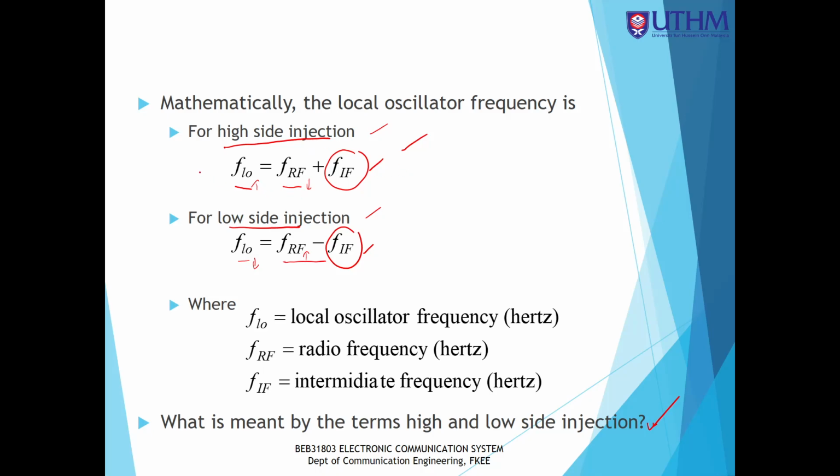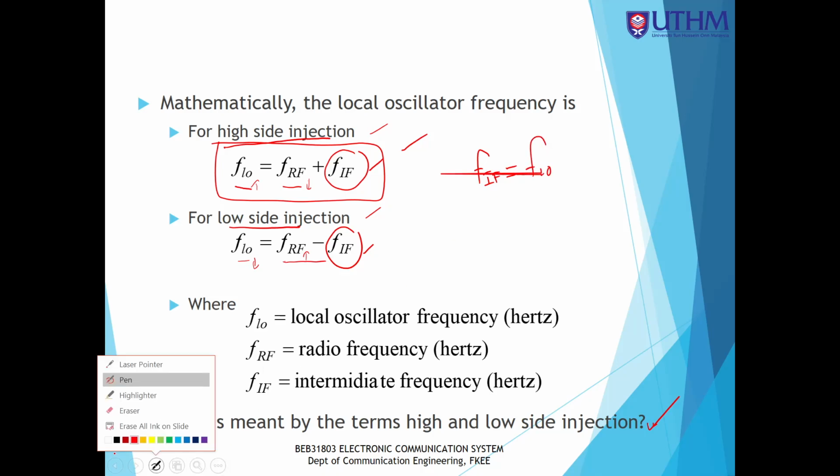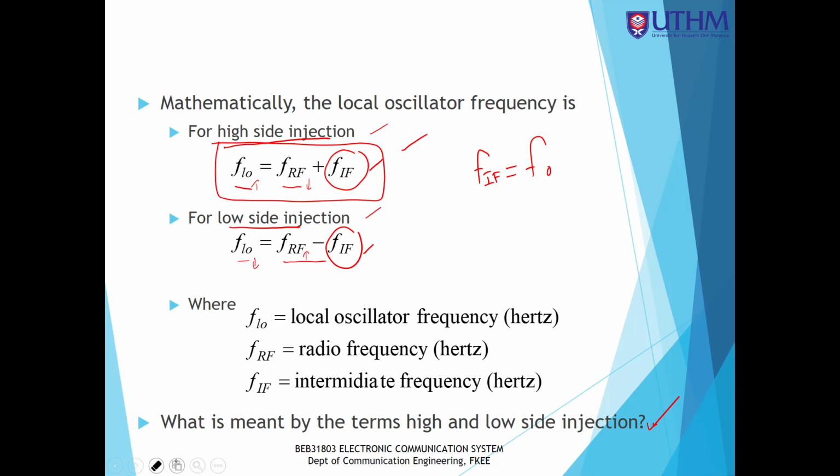We can find FIF to be equal to FLO minus FRF. Every FRF will be converted into FIF. Setiap FRF akan ditukar kepada F intermediate.